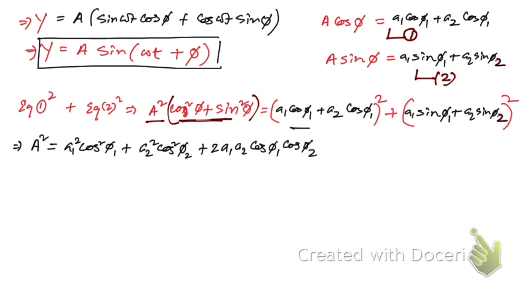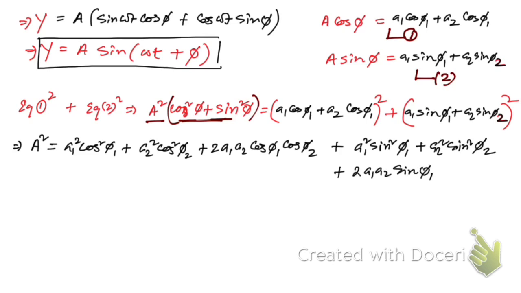Here we have applied the (a + b) whole square formula. Similarly here also we're going to have a1 square sine square phi1, then a2 square sine square phi2, then plus 2 a1 a2 sine phi1 sine phi2.